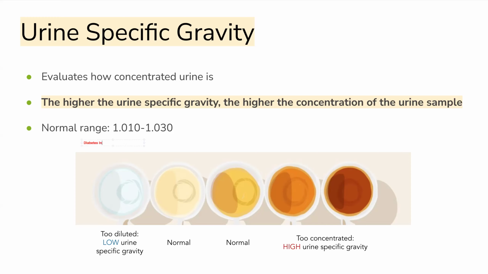Diabetes insipidus would be over here, and then SIADH would be over here. Because with SIADH, they're not peeing at all, and the little bit they do pee is going to have a high urine specific gravity, very concentrated.